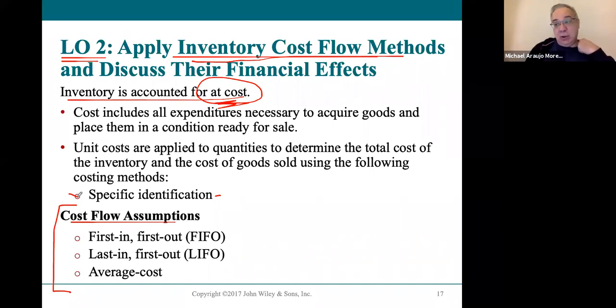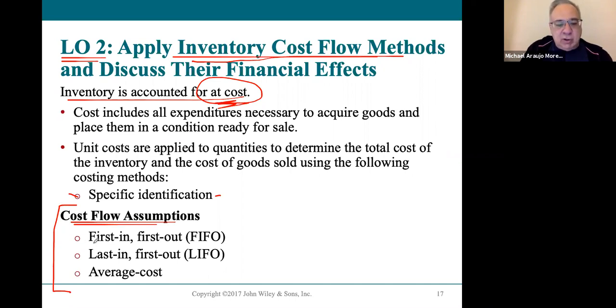If you were studying for your CPA exam, certainly we would go into a lot of detail. But in this case, we're trying to get the basics started. So we have to introduce you to the most common cost flow assumptions, and they are listed here.